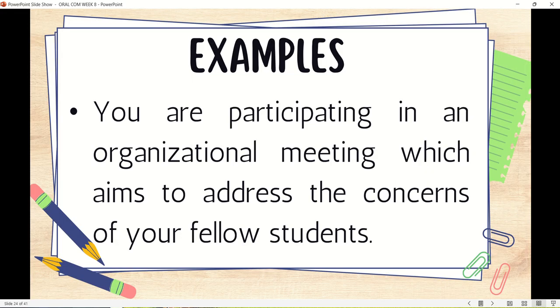Small group. For example, you are participating in an organization meeting which aims to address the concerns of your fellow students. The people involved here in this example are you and your fellow officers in an organization. You and your fellow officers are not that big when it comes to size and number.